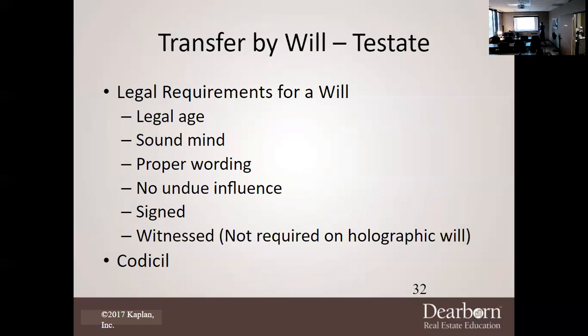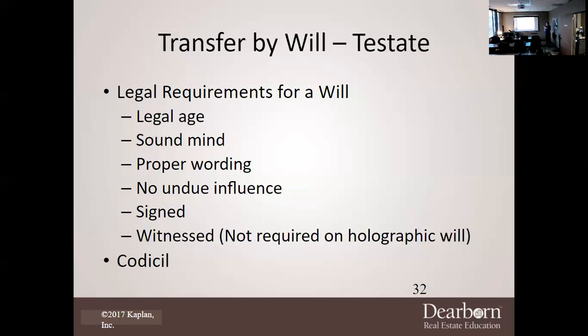You have to be of sound mind when you do this. There also has to be proper wording. That's why I said earlier about the revoking part. If you don't put it in there, it leaves it subject to who? The court to interpret. There needs to be no undue influence. So Cody can't come over and put Aiden in a headlock and say, sign that so everything goes to me.